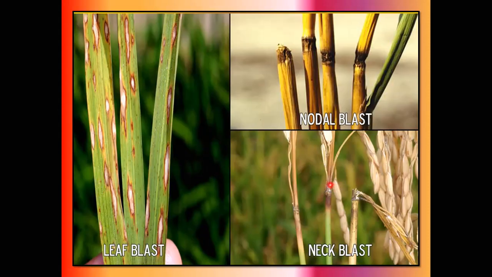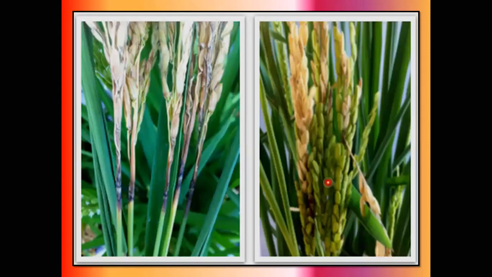Then we discuss the last blast, that is glume blast. Already the pathogen has infected the panicle or neck regions. So this panicle has grains or glumes that get infected and show brown to black spots.